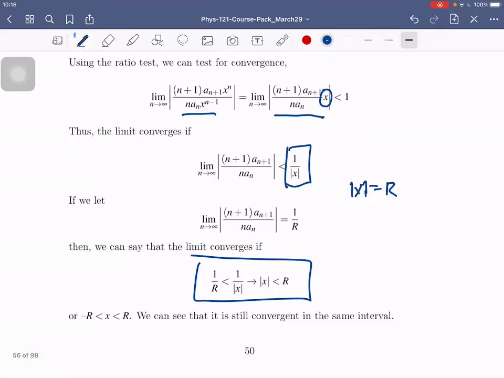So ibig sabihin, convergent din siya with at the same interval, negative r to r. Okay? Which is true. Kasi pinakita natin before na ang power series has an interval of convergence negative r to r. Okay? So yan lang yan. So napakita natin na kahit kung yung derivative nun, you'll still have the same interval of convergence.